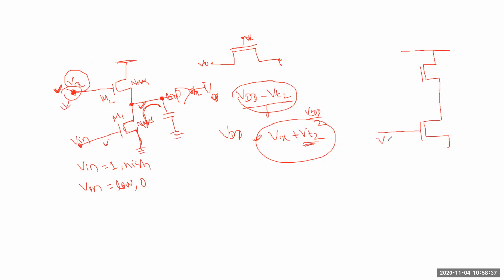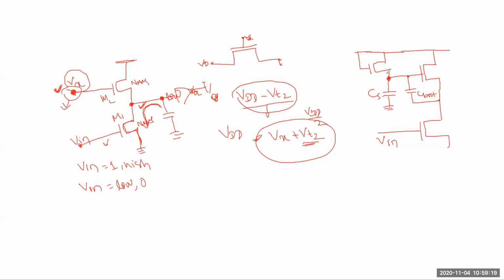So this is your Vin. Another NMOS will be added. This point is nothing but Vx. Here the two parasitic capacitances will come. Suppose this is Cs and this is Cout.